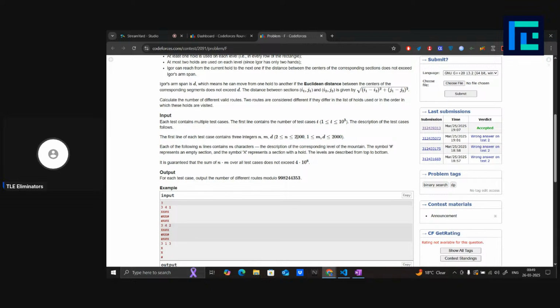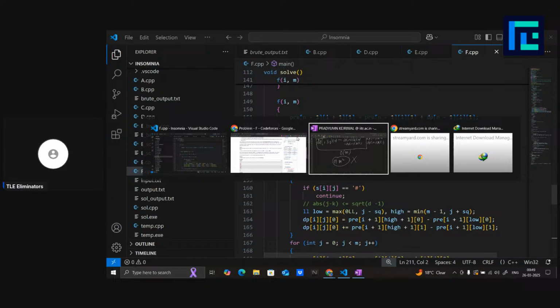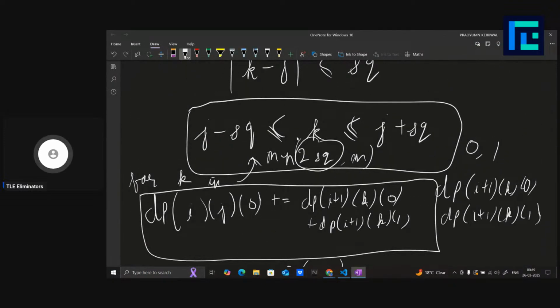So what to do now? Can anyone guess, or can anyone reduce till now? Actually, what you have to do is calculate the range sum.